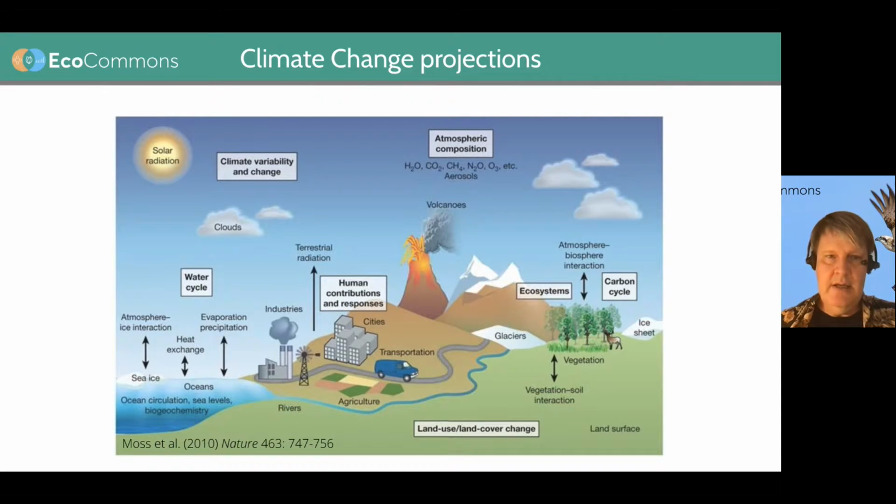And the reason you can do that is because some very clever people have built these climate models. And these climate models are able to predict how the climate is going to change over time based on all of these factors that affect the climate. So because we have an understanding of all of these factors, we can predict across space and time what the climate's likely to be like in different places and at different times.